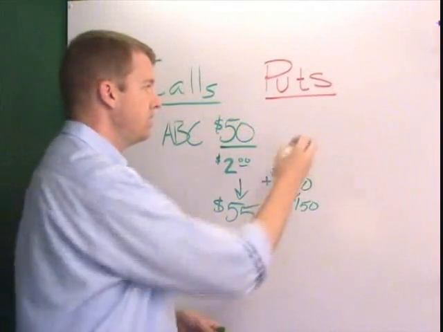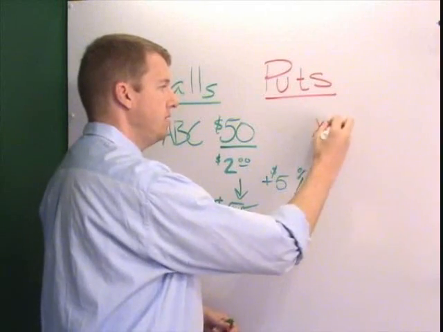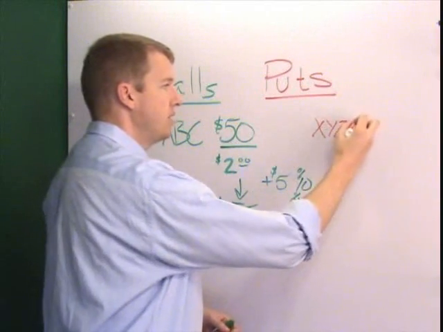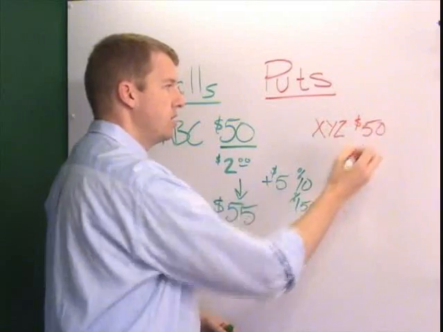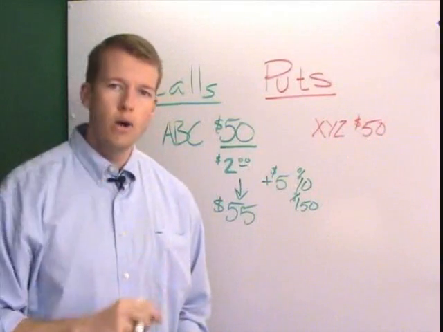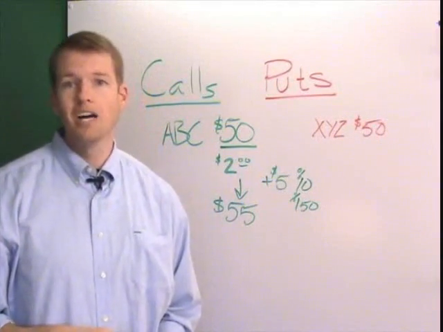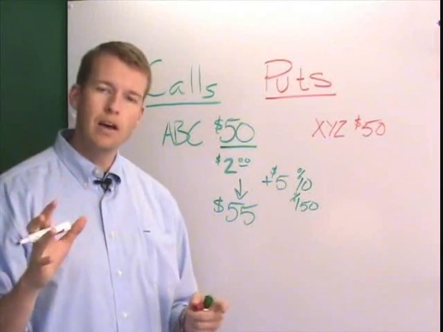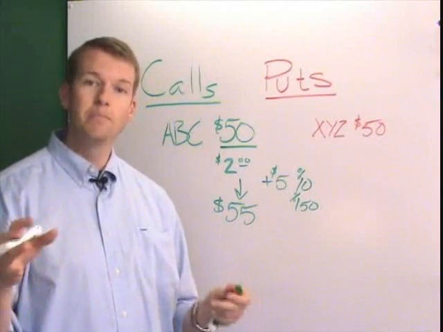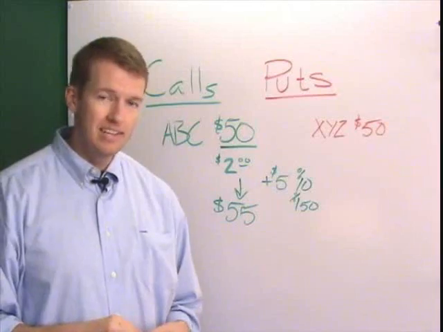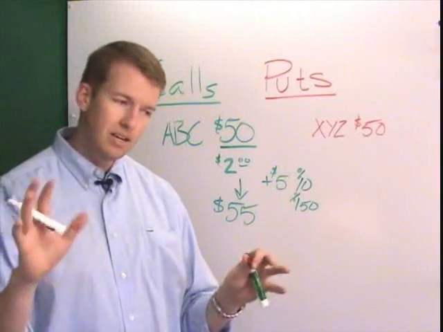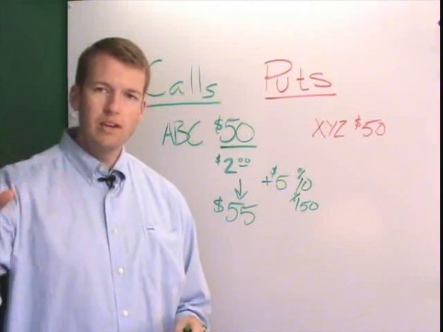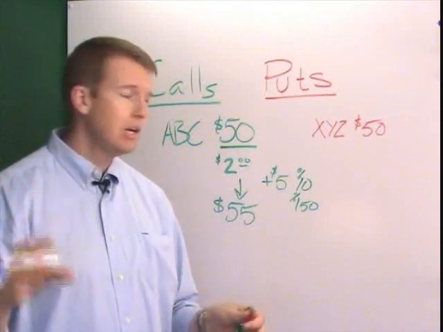So for example, let's imagine that you have a stock here, XYZ. And XYZ is also worth $50 a share. Now XYZ, however, you are not optimistic about its prospects, and in fact would like to find a way to profit from a decline in that stock. Well, you could certainly short it, but that comes with a whole series of complexities that you may not want to deal with.